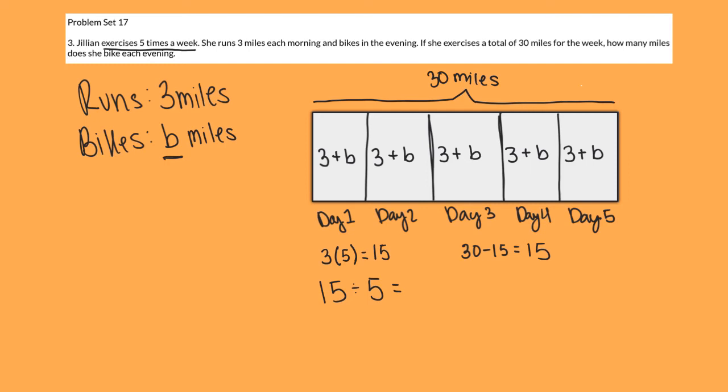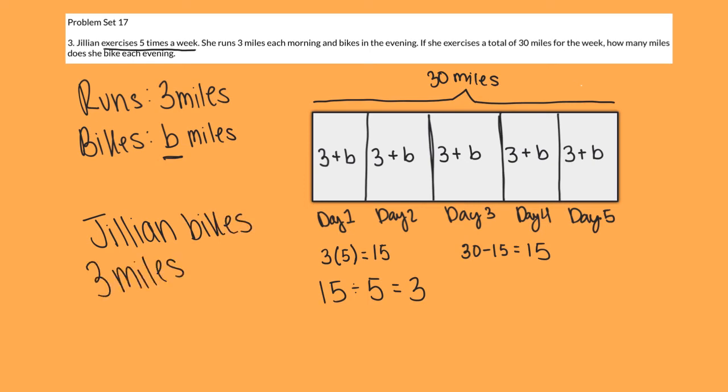Now I know that 15 divided by 5 is going to give us 3. So now we know that she bikes 3 miles every evening. So let's go ahead and write down: Jillian bikes 3 miles every evening.